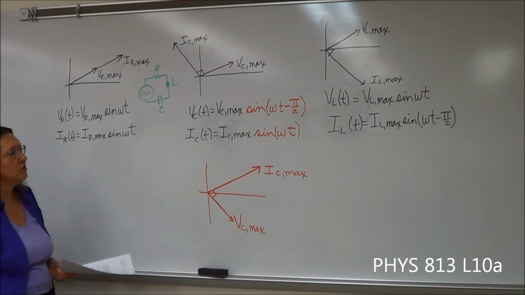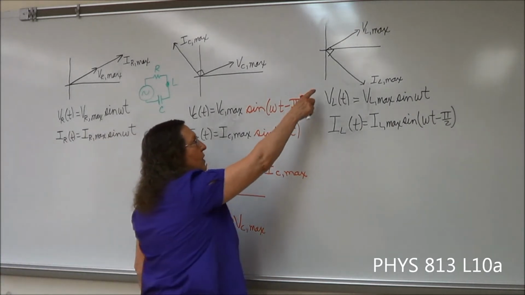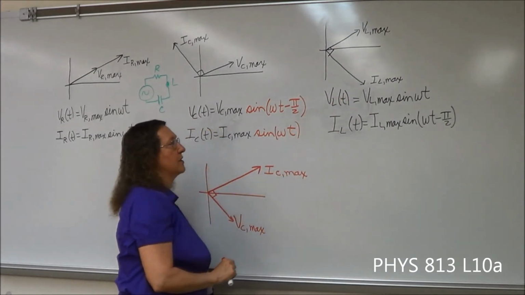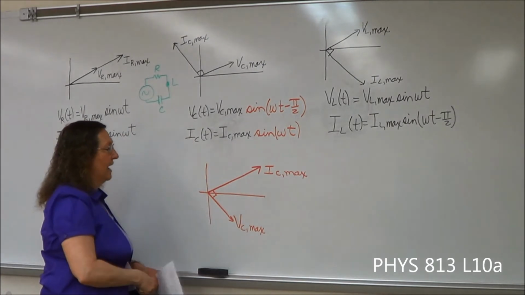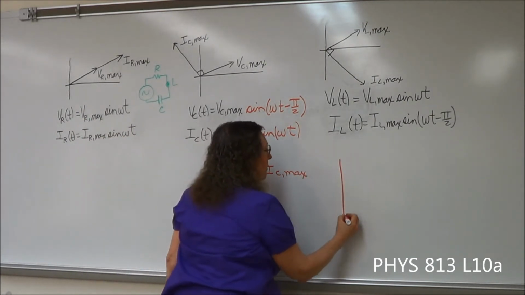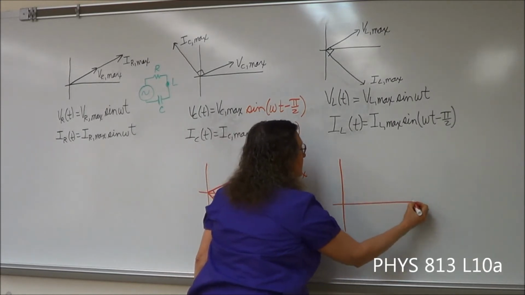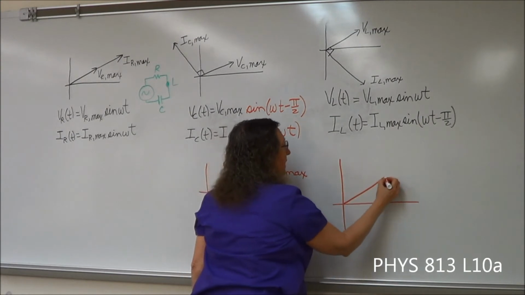Now we need to go to the inductor problem. So on this one, we have the current in quadrant 4. It needs to be rotated back up into quadrant 1. So we're going to have that phasor diagram with our current up in quadrant 1.